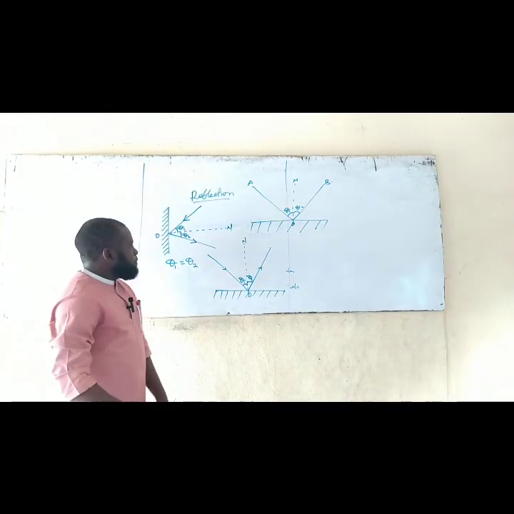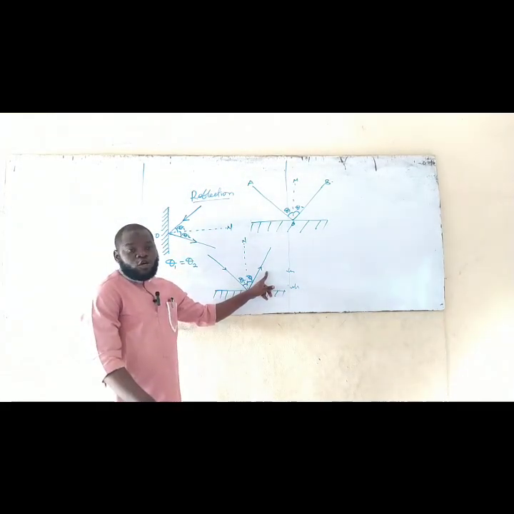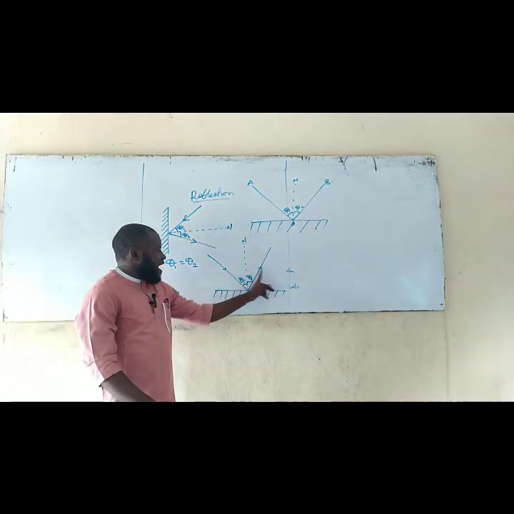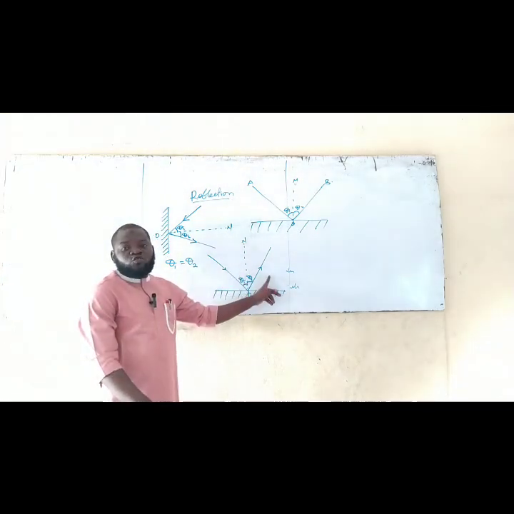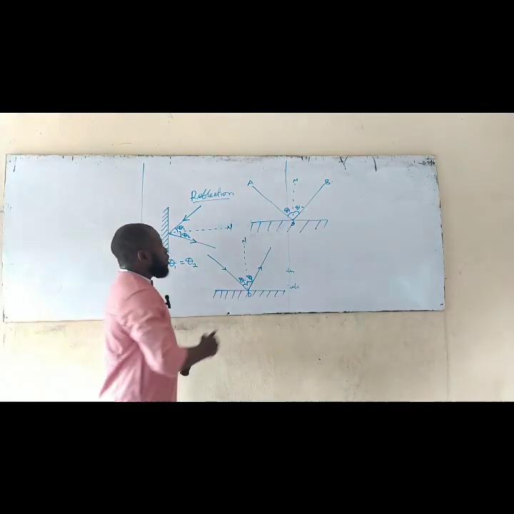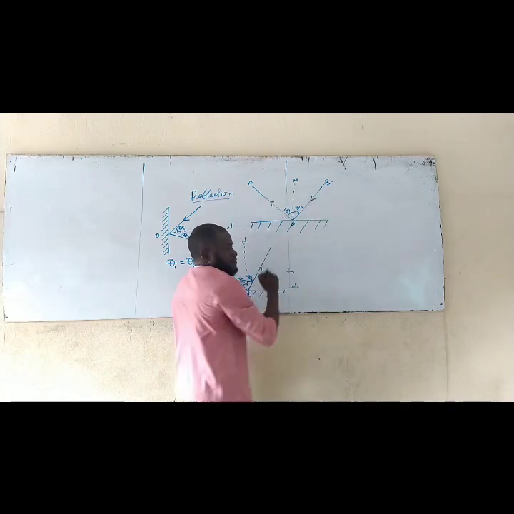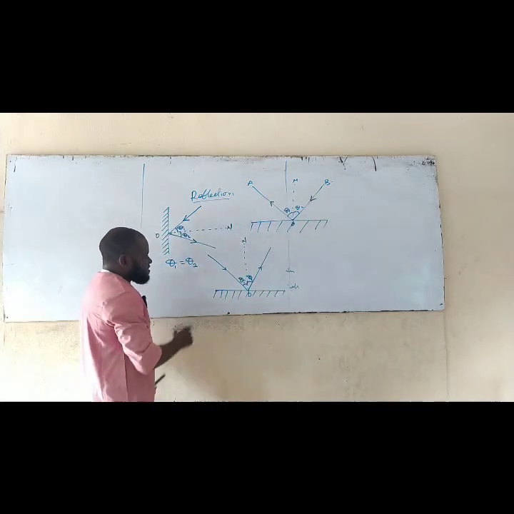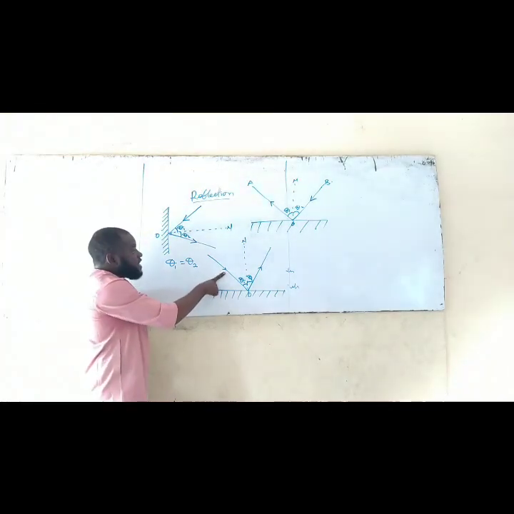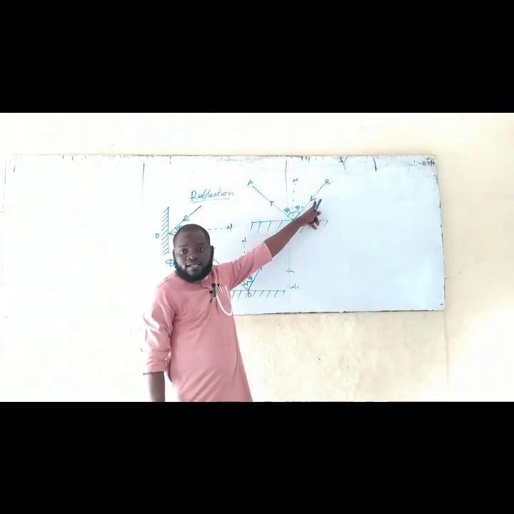So it is very important you understand why we are putting these marks. You must not forget it, because it is this arrow that you are seeing that will let us know the one that is incident and the one that is reflected. So if I put this arrow here, since morning I've been saying that this one is the incident ray, but now, looking at this arrow, this one is the incident.